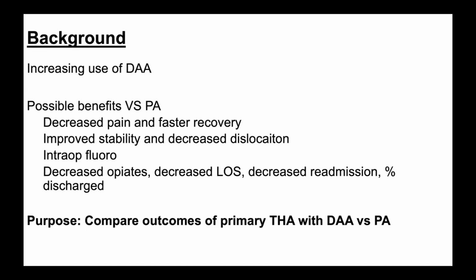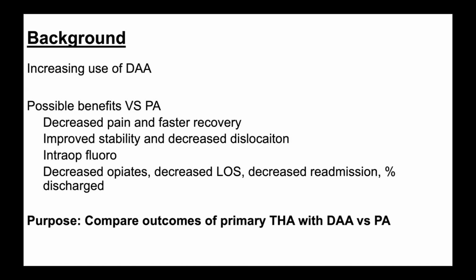With time, whether that's societal pressure or just advancements in technologies in arthroplasty and approaches, other approaches to the hip have become increasingly more popular. One specifically, obviously, is the direct anterior approach. Many argue there are lots of benefits to the direct anterior approach compared to the posterior approach.